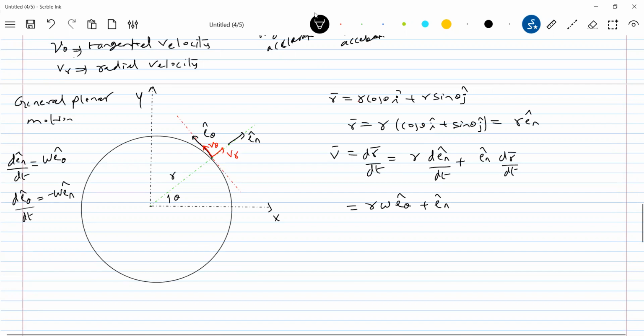Now what is dr by dt? This will become radial velocity. So this will become r omega E theta cap plus Vr.